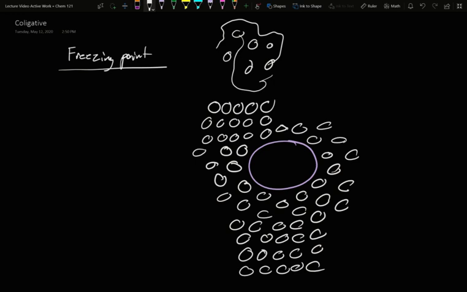The whole idea to freeze is you've got to be able to hold on to the nearby water molecules. If you cannot hold on as tightly, it's easier for them to break free. You have to be even colder before they will get stuck in place. They have to lose some energy, go even slower before they'll freeze. And so by having anything in solution, you lower the freezing point.